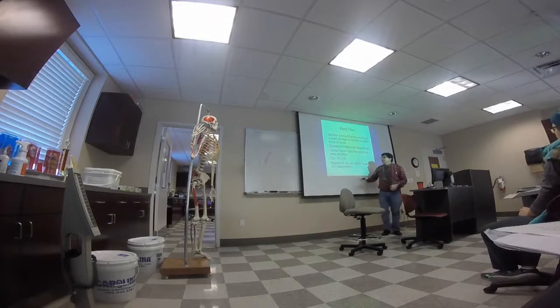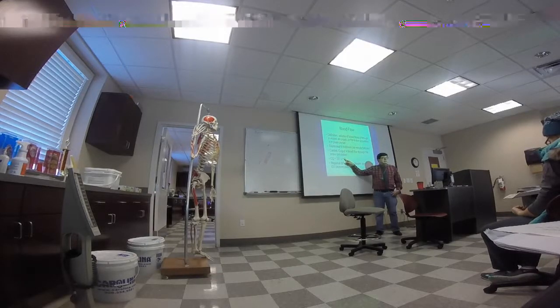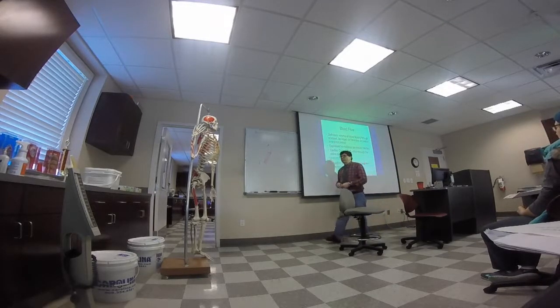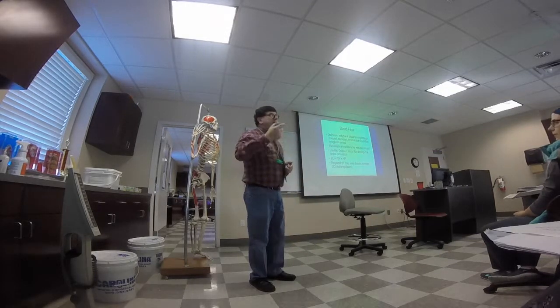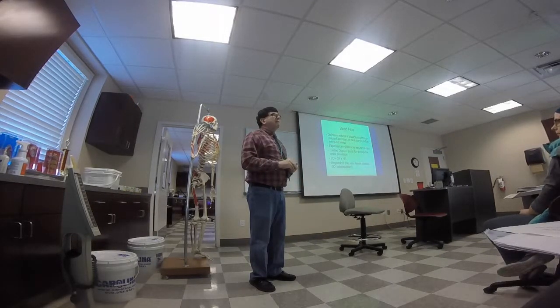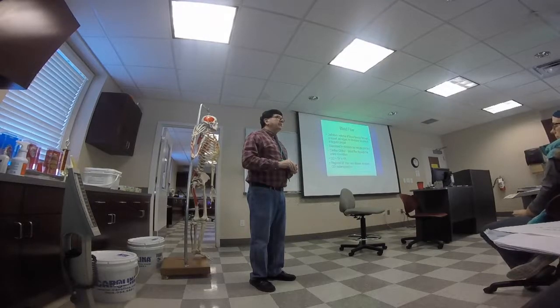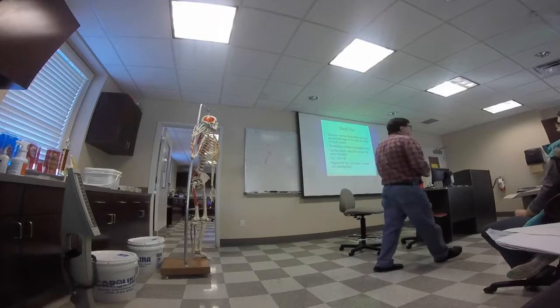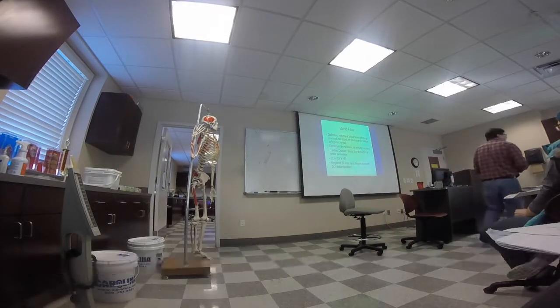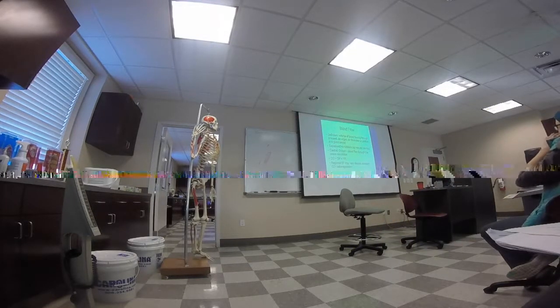Cardiac output is equal to the stroke volume, the amount of volume ejected per beat, times the number of beats per minute. So it represents the total amount of blood pumped by the left ventricle over a minute's period of time, and that should be exactly equal to the amount of blood pumped by the right ventricle. They should be matched up. That's called the cardiac output.